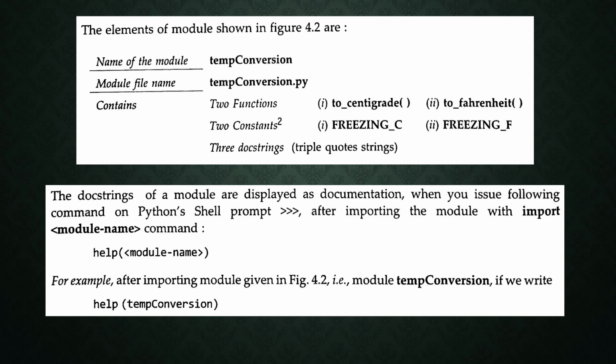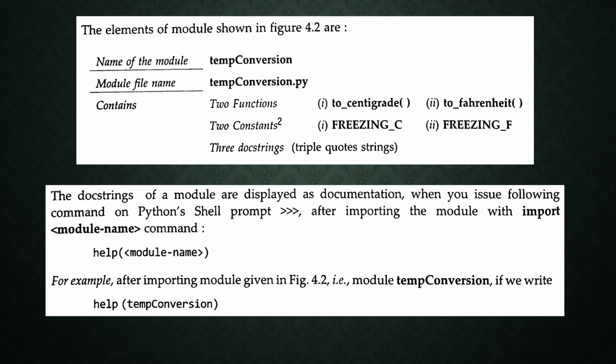It contains two functions, to centigrade and to Fahrenheit, and two constants, freezing underscore C and freezing underscore F. Freezing C indicates 0, and freezing F, that means Fahrenheit, is 32.0.